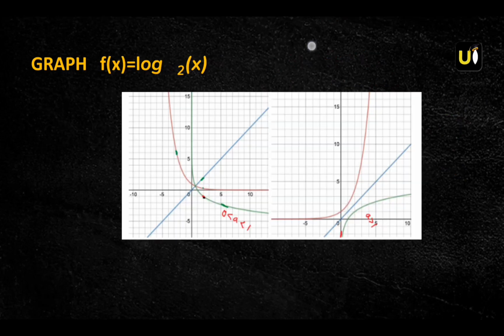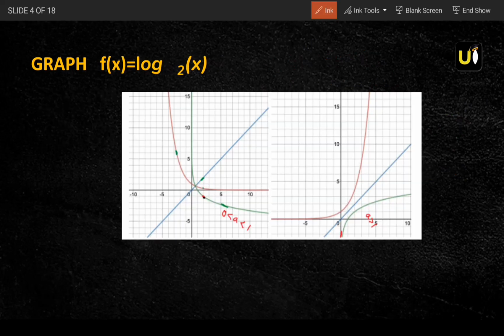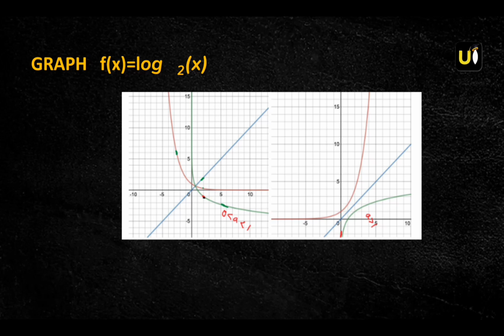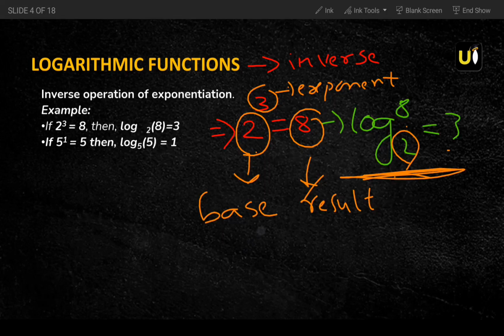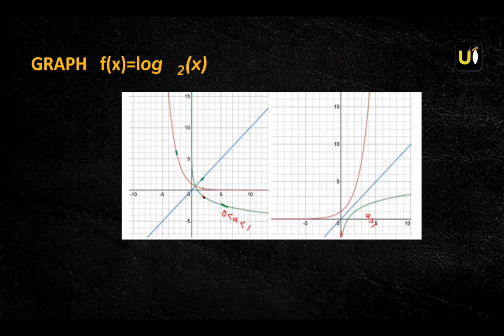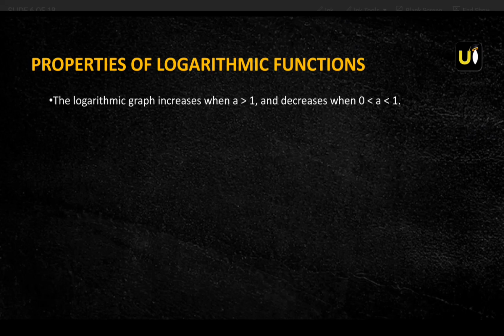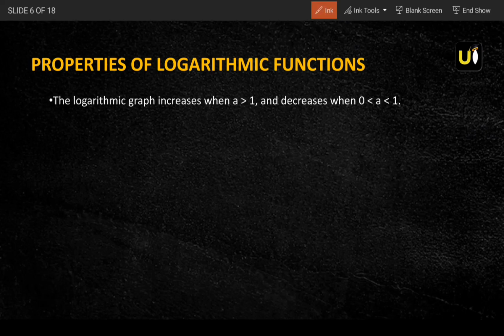And here we can see the graphs of the logarithmic function when the base is 2, and here we have two different cases: when a is greater than 0 and less than 1, and when a is greater than 1. Now let's discuss some properties. Let us say f of x is equal to log x to the base a.